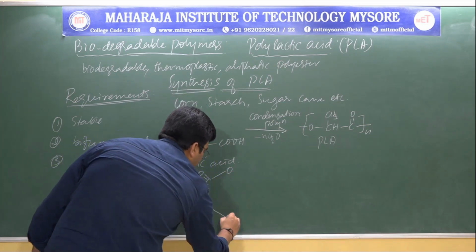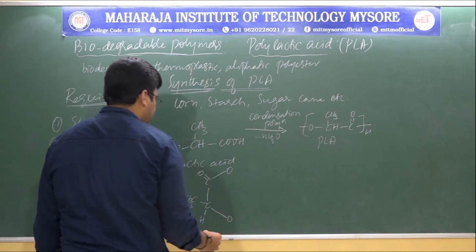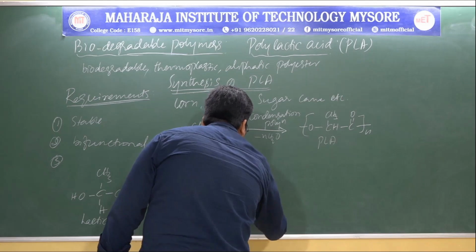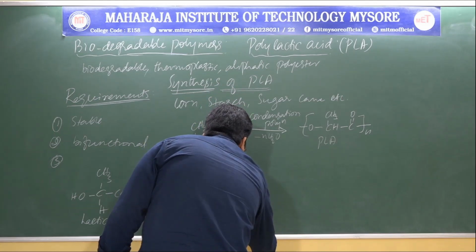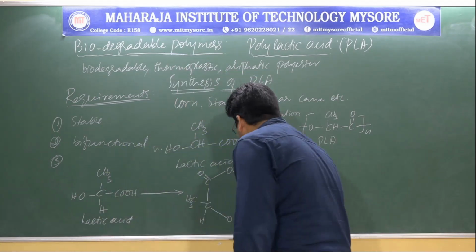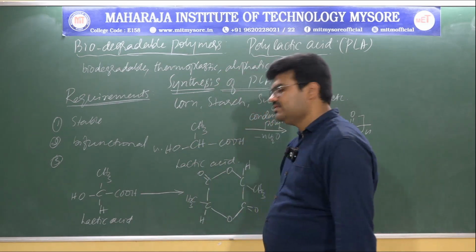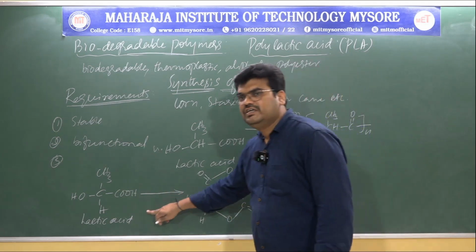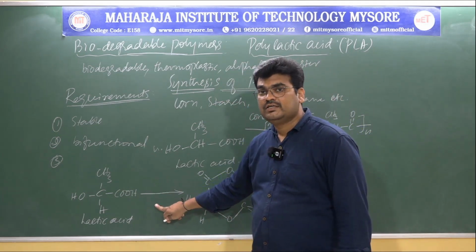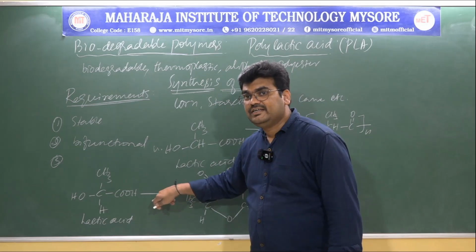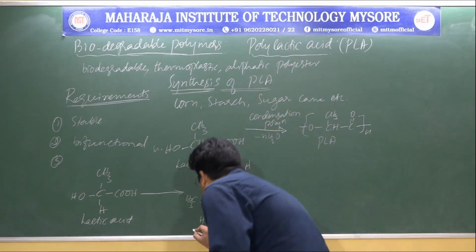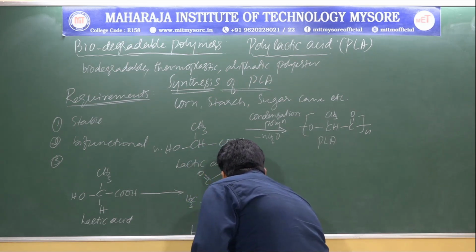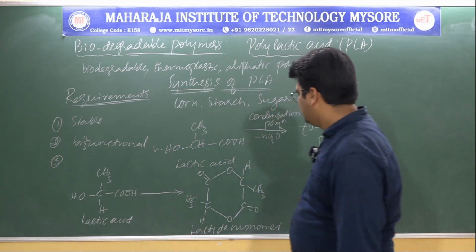And O, and here also O, and then CH, CH3, C double bond O and O. So this type of lactide ring is going to form, the lactide monomer, after it has been subjected to oligomerization and catalytically converted to lactide monomer. So this is called the lactide monomer. Actually we have to understand through this mechanism so that you will not forget.